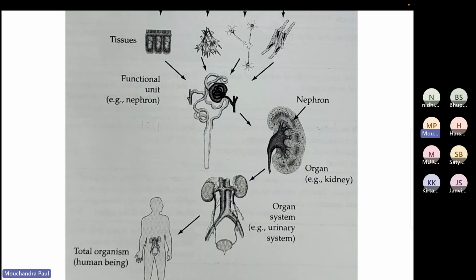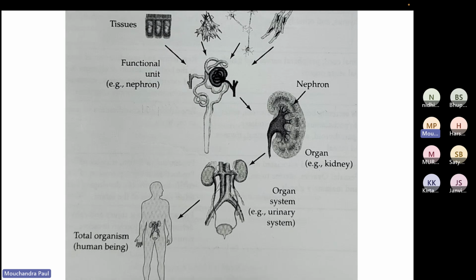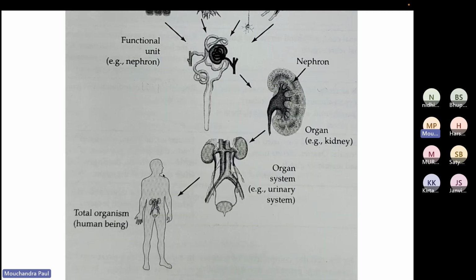And this organ is connected to an organ system where there are multiple organs. So there is the urinary bladder, and the kidney is connected to all the tubes and the ducts. So it forms an organ system. And when various organ systems, as I told, there are 10 organ systems, come together, these organ systems make a human who is totally functional, normal and healthy.